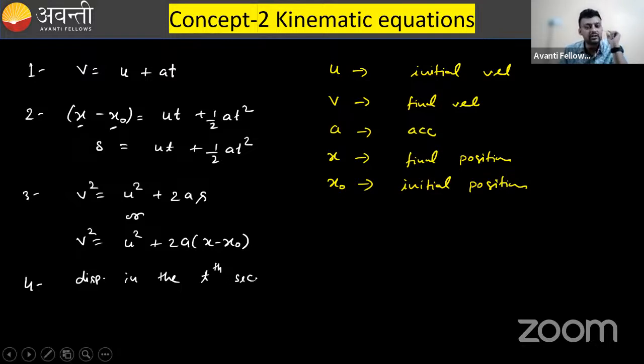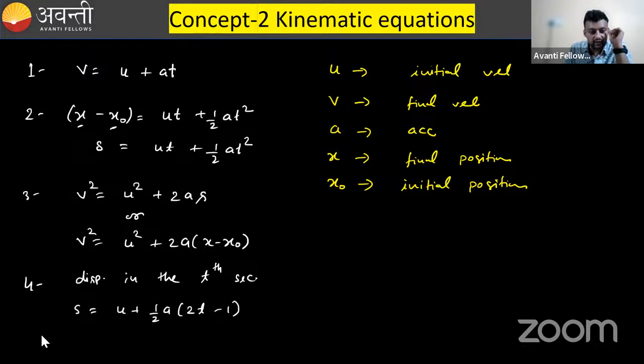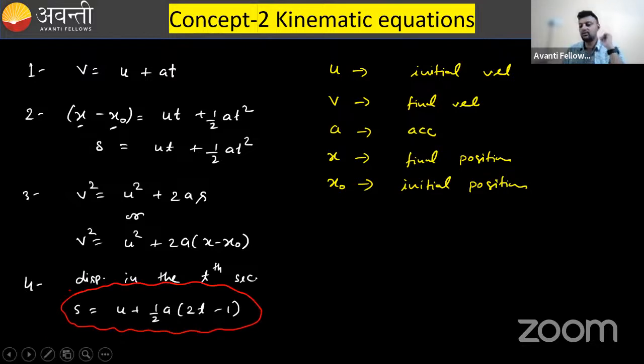That means they will ask you the displacement in the fourth second, not in the 4 seconds. They are asking you the displacement in the fourth second. So for that, the displacement is u plus half a(2t minus 1). This is again a very important relation, and you should remember it because this is asked in a lot of questions in the exam.